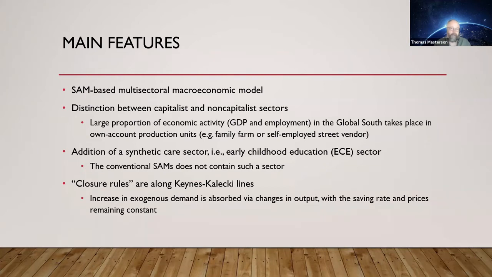And we're not assuming that the economy adjusts to shocks through prices and wages. We're assuming that the wage is fixed and savings rates are fixed. And so what changes are levels of output and employment, and also government balances, the trade balance, that kind of thing as well.